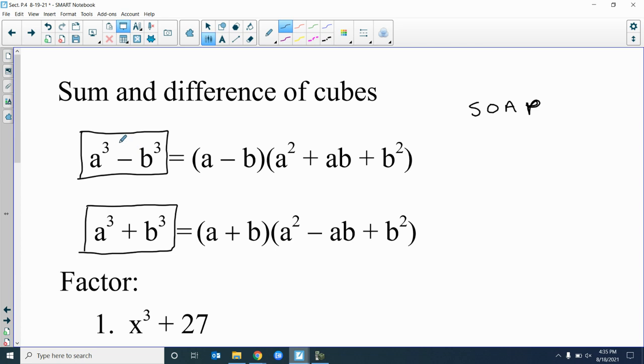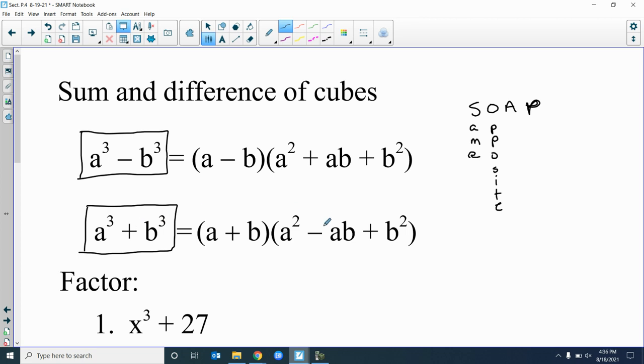Starting with your original term. If this is a minus in the middle, on the answer, your first sign is going to be the same as the original one. So since this was a minus, this is going to be a minus. Since this is a plus, this will be a plus. The second sign will be the opposite sign of the original. Since there's a minus, that's going to be a plus.